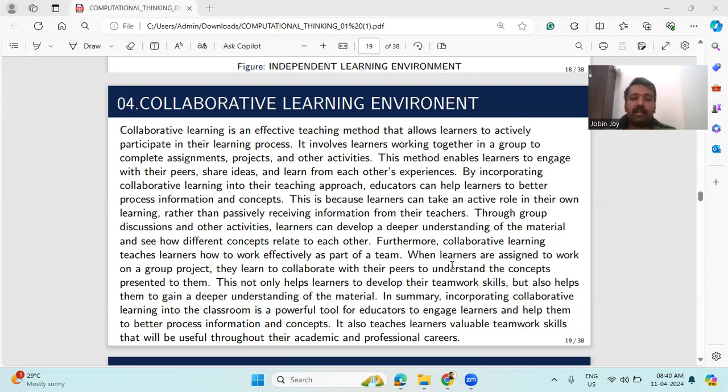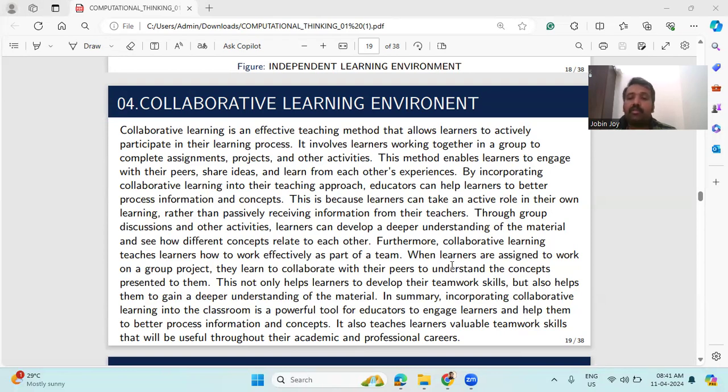Furthermore, collaborative learning teaches learners how to work effectively as part of a team. While learners are assigned to work on a group project, they learn to collaborate with their peers to understand the concepts presented to them. This not only helps learners to develop their teamwork skills, but also helps them gain a deeper understanding of the material.